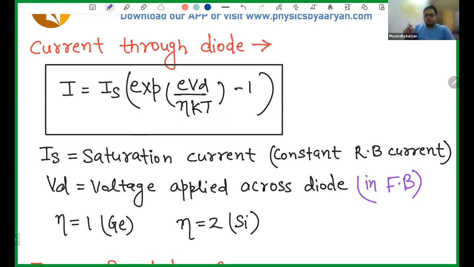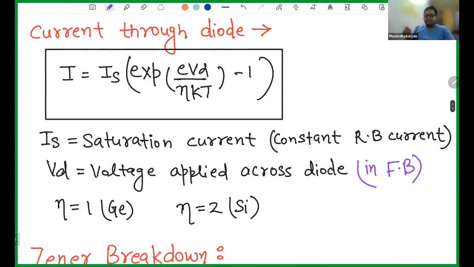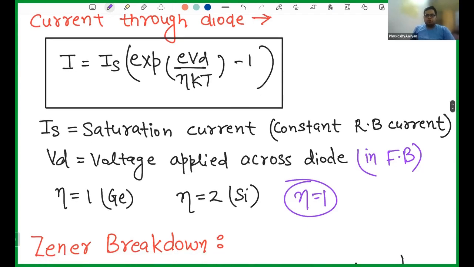K is the Boltzmann constant, T is the temperature, minus 1. Your eta is 1 for germanium and eta is 2 for silicon. And if it is not mentioned whether it is silicon or germanium, always take eta 1. Okay. So that is your formula through the diode.